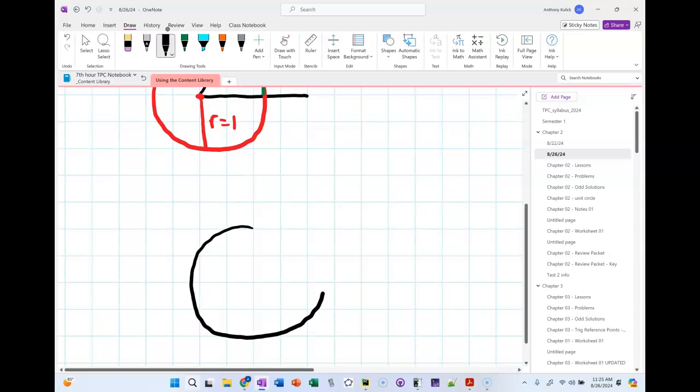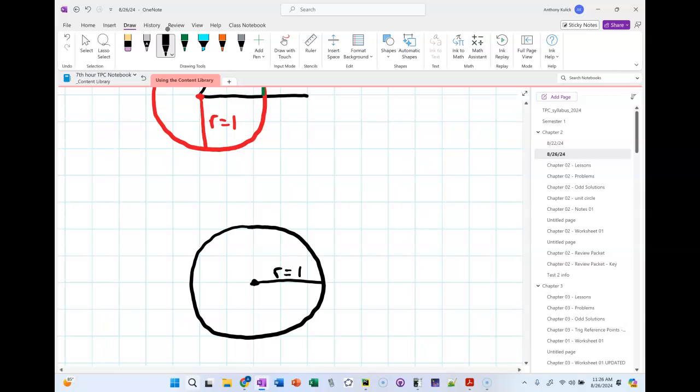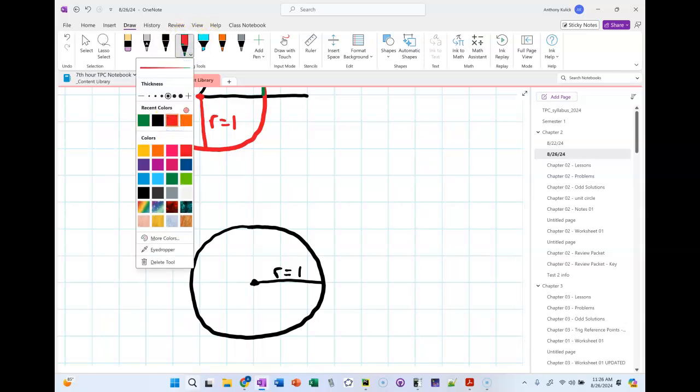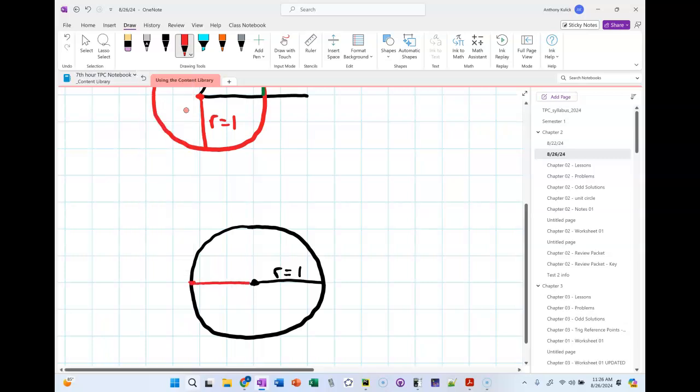We're going to start with a circle with radius 1. And we're going to look at a 180 degree angle.